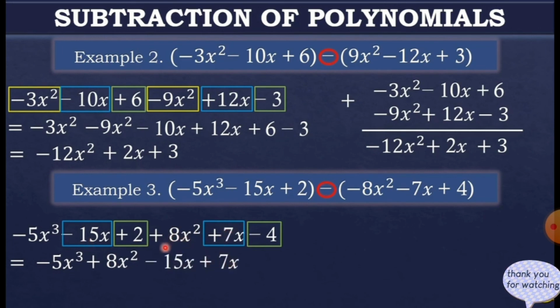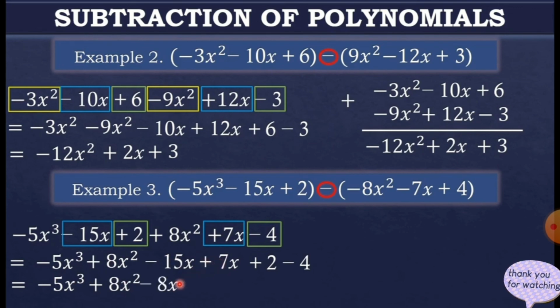And the constant numbers, so the like terms are beside each other. Then, proceed to the operation. Since negative 5x cubed has no pair, just copy it and positive 8x squared. Then, negative 15x plus 7x, the signs are not the same, so subtract. Then, the same with the constant, subtract, because different sign. So, this is the final answer.